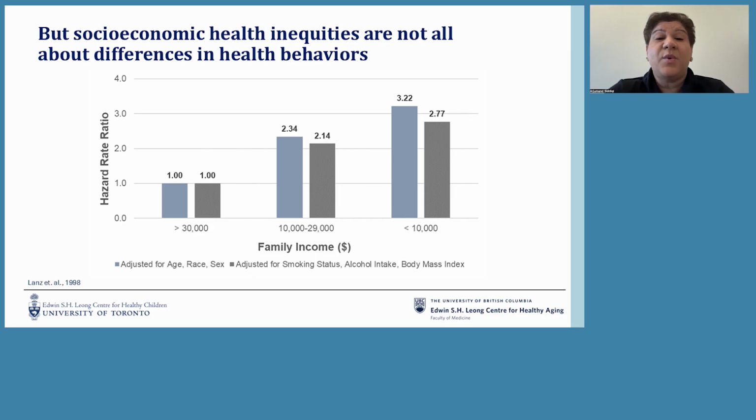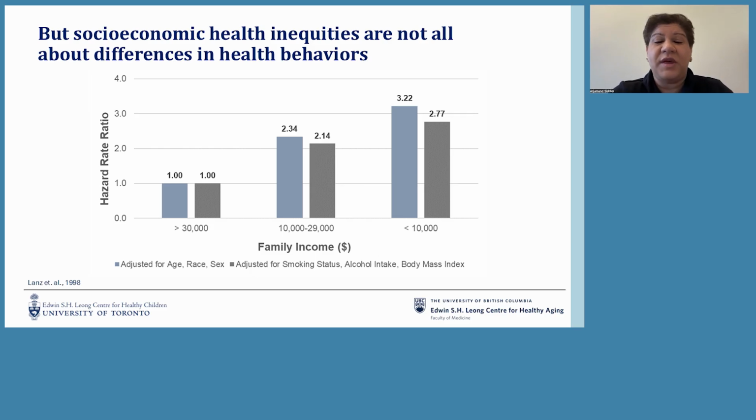And then they asked the question, what accounts for that relationship? They did that by asking what happens to the crude association between income and mortality if we adjust out the effect of several health behaviors. They also adjusted out age, race, and sex. Those are all demographic characteristics, and we can have a conversation about whether it's appropriate to adjust for them or not.